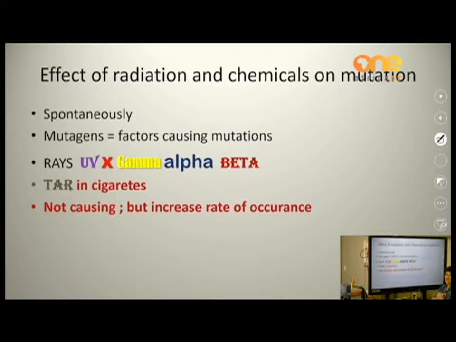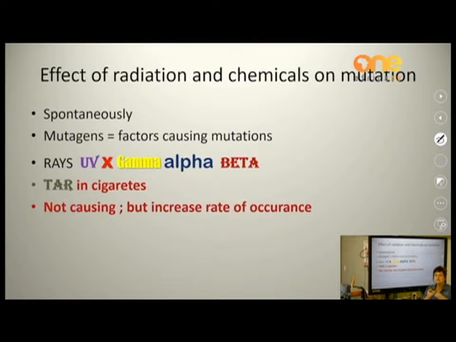can cause mutations to take place. Radiations and chemicals can cause mutations. Remember, cancer is a mutation. Why? Because the cell does not have the ability to stop dividing.